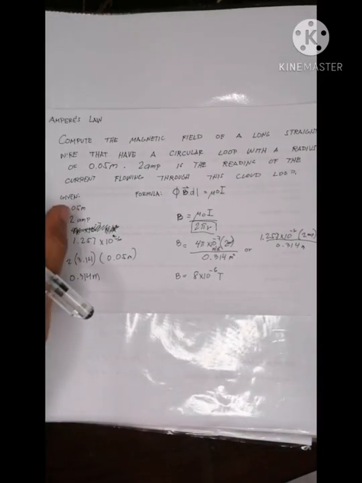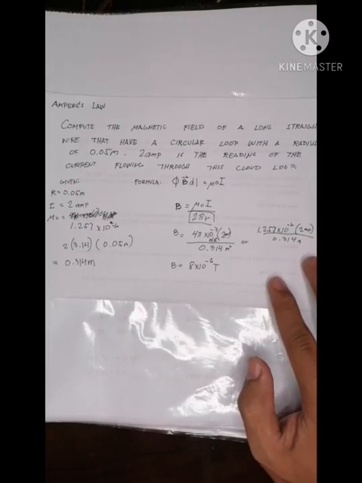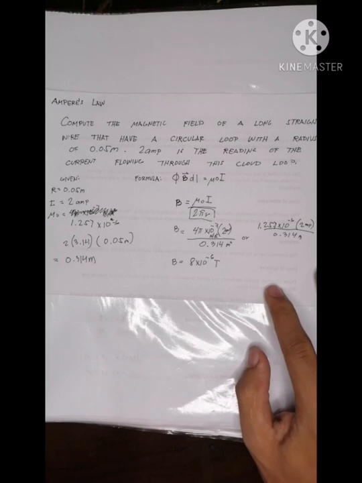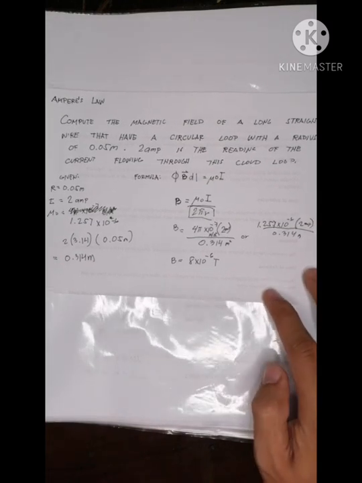In our Ampere's law problem, compute the magnetic field of a long straight wire with a circular loop with a radius of 0.05 meter. 2 ampere is the reading of the current flowing through the loop.